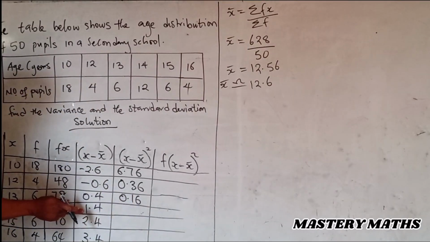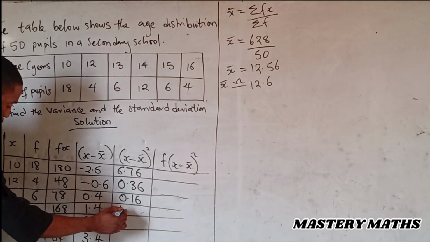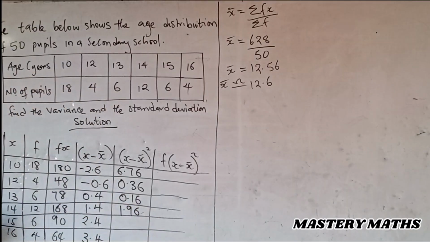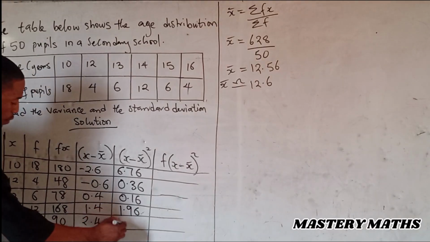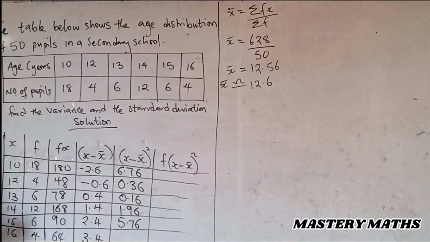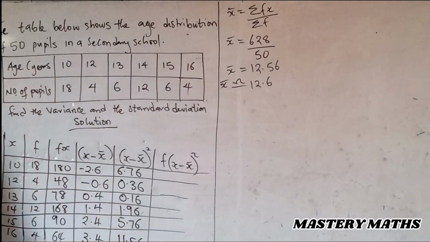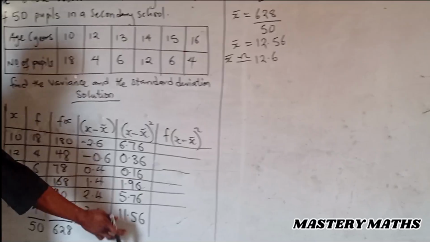Then the next one is 1.4 times 1.4, which will give us 1.96. We have our 2.4 times 2.4 will give us 5.76. Then the last value is 3.4 times 3.4, which will give us 11.56. Now we've gotten this. That's the last value of it.